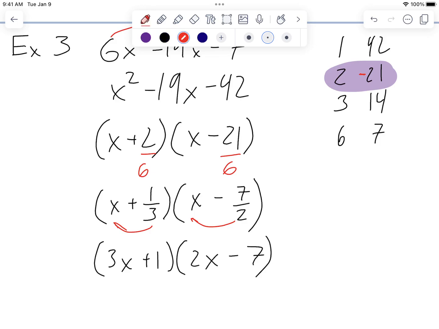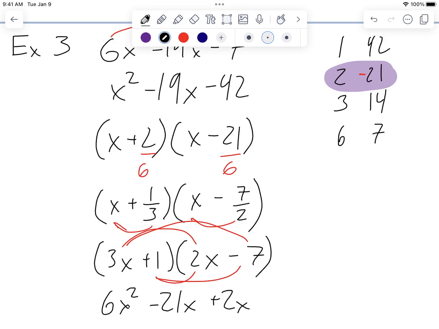Again, I'll FOIL it out to double check that my answer is correct. We'll distribute. That gives me 6x squared minus 21x. Distribute the 1, and that gives us 2x minus 7. Thinking about all of my terms, I have a 6x squared.